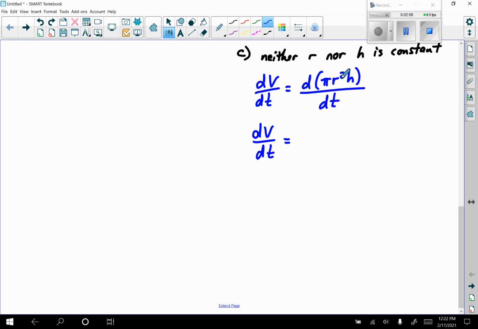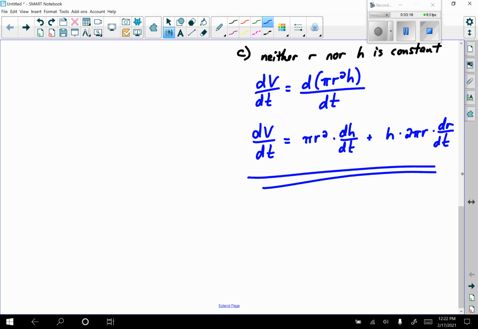Treating pi r squared as u, we'll have u times v prime, which becomes dh over dt, plus v, which is h, times the derivative of pi r squared, so we'll get a 2 pi r times dr over dt. You can rewrite this as 2 pi rh or 2 pi hr, but that would be our answer for part C.